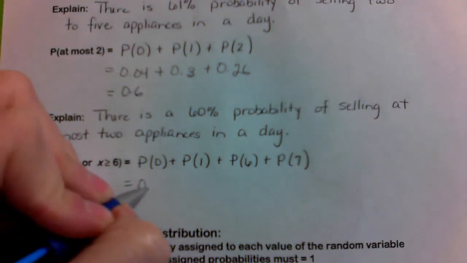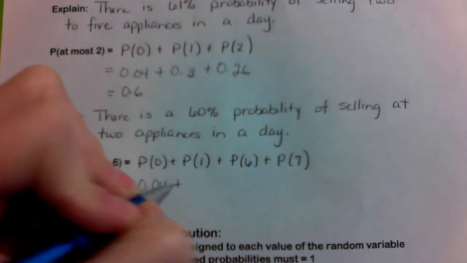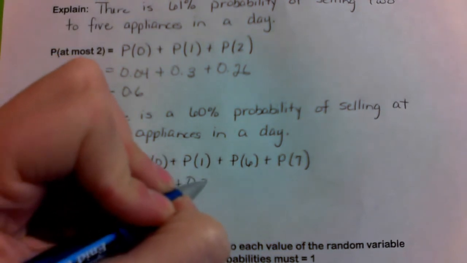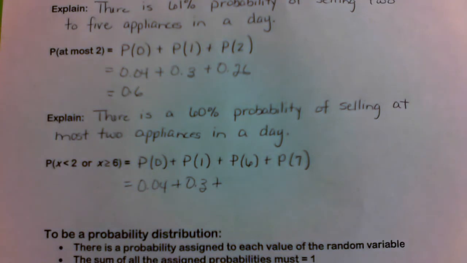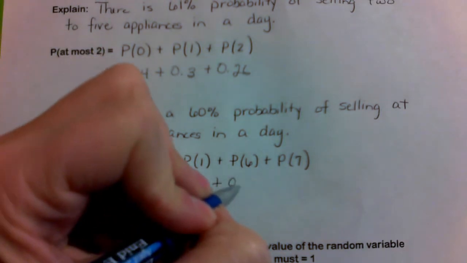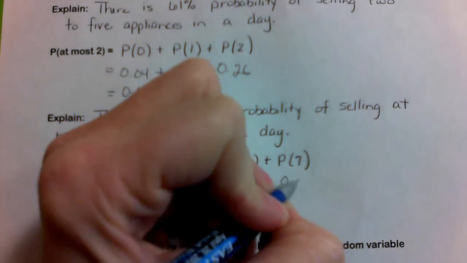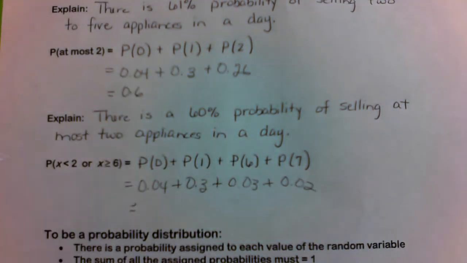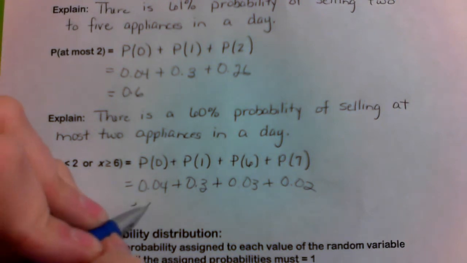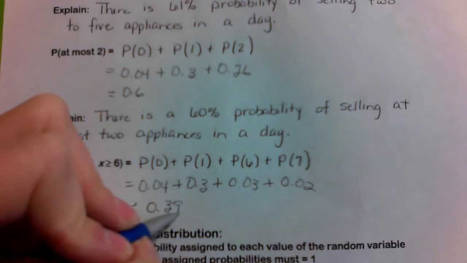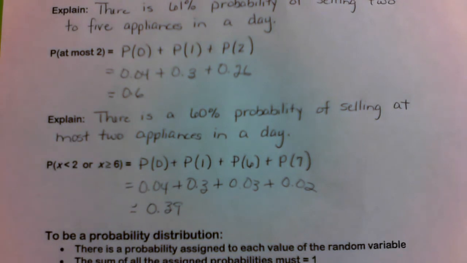So 0 appliances was 0.04, 1 appliance was 0.3, 6 appliances was 0.03, and 7 appliances is 0.02. And we add all of those up and it adds up to 0.39. So that's how you use a probability distribution table.